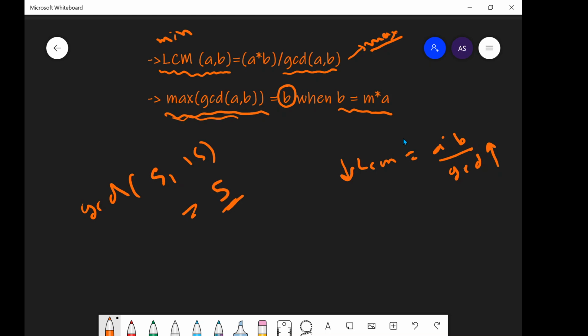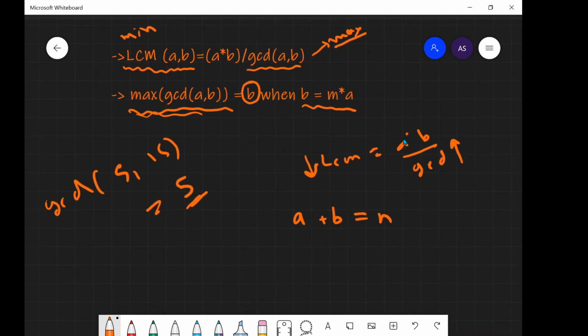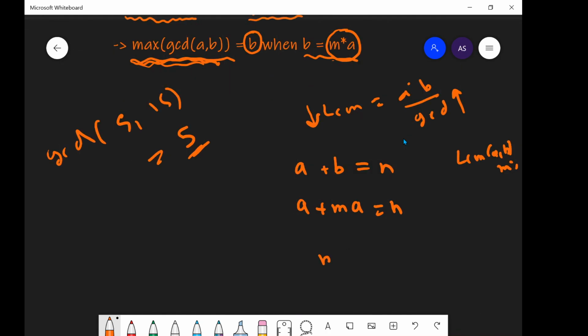So in this problem we have to find two numbers such that a plus b equals n, and the LCM of a comma b is minimum. We have seen that to minimize the LCM we need to maximize the GCD, which can be done when b equals m times a. So replacing this value, a plus m times a equals n, and m plus 1 times a equals n.